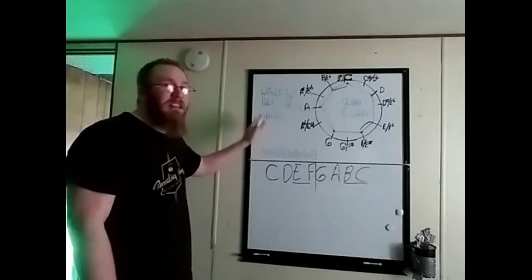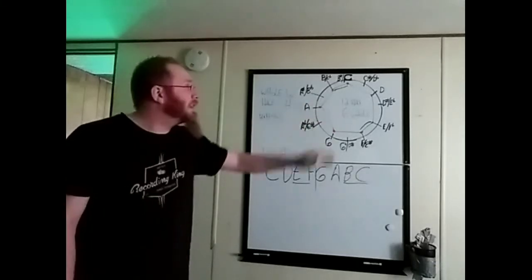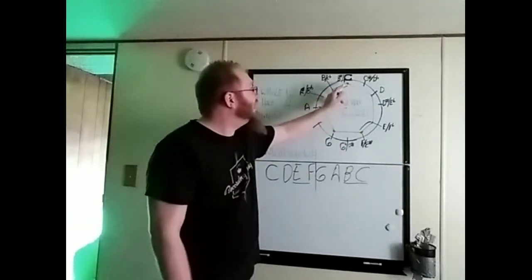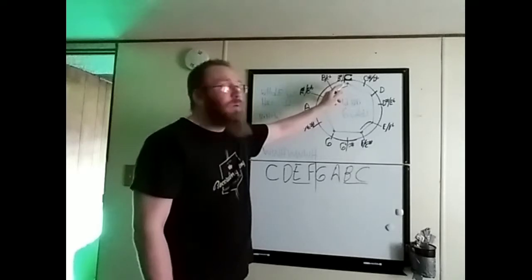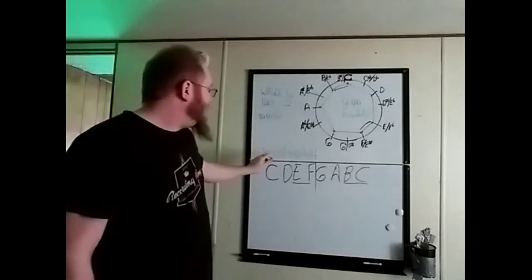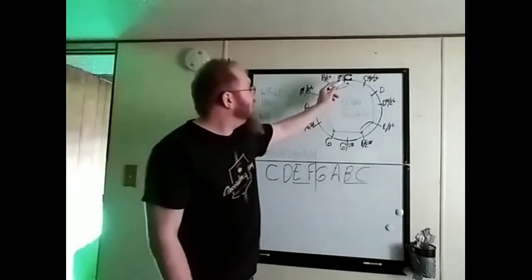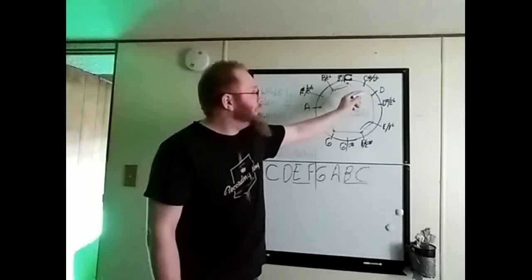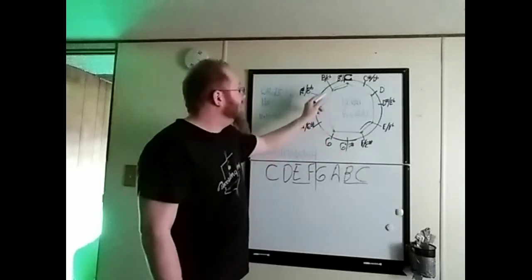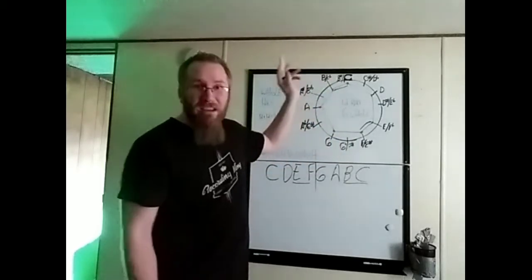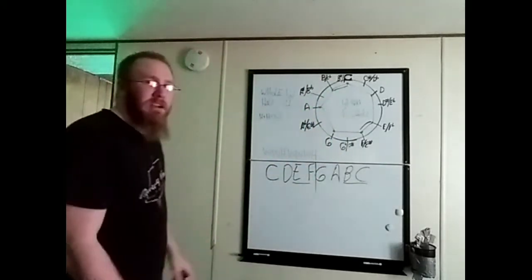And when you moved that logic over to the scale over here, and you started with the key of C, you already learned that the pattern for the C scale is whole, whole, half, whole, whole, whole, half. So you go C to D is a whole step, E, F, G, A, B, and from B to C is a half step.